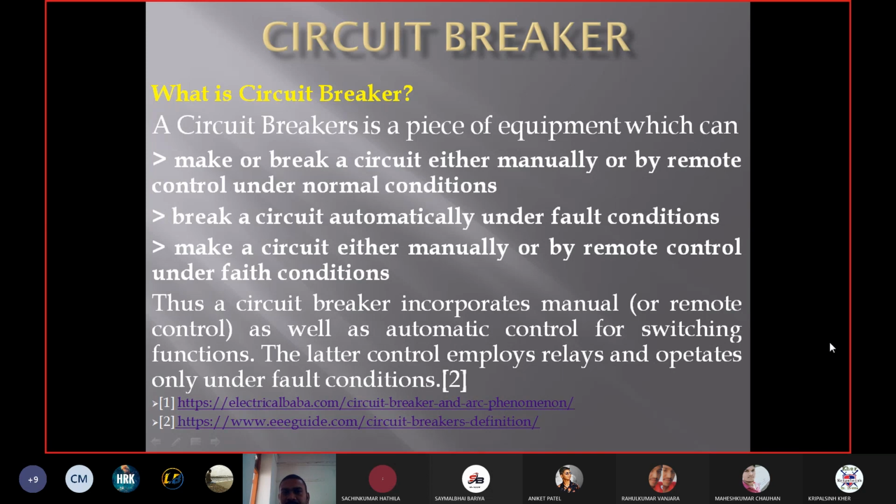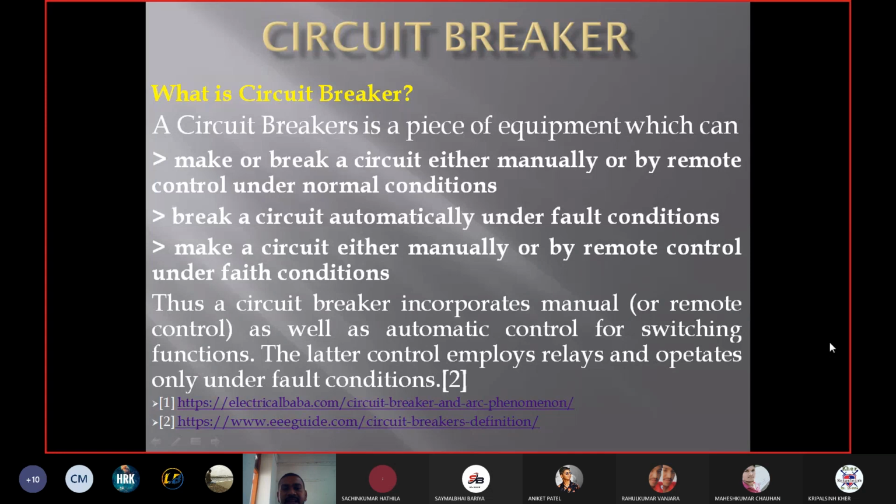So another definition: a circuit breaker is a piece of equipment which can make or break a circuit either manually or by remote control under normal conditions, when there is no fault.